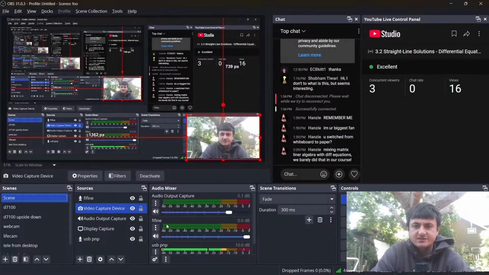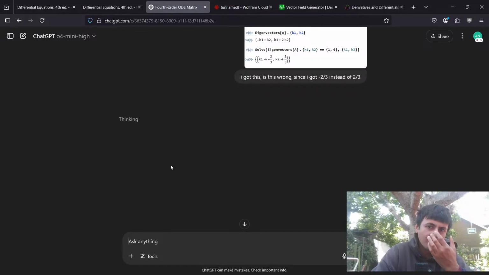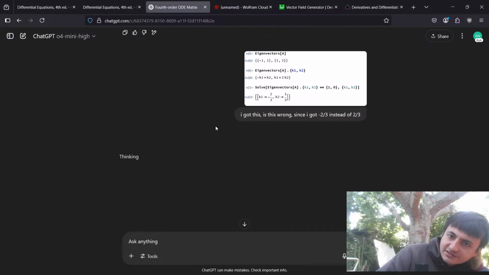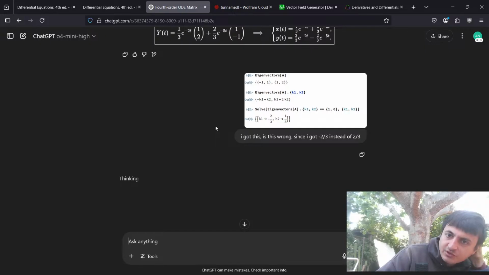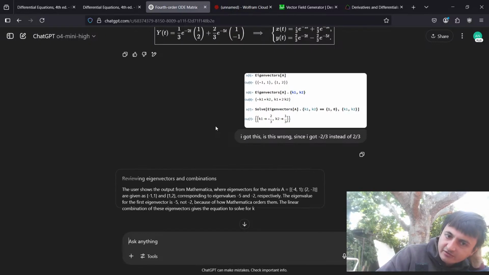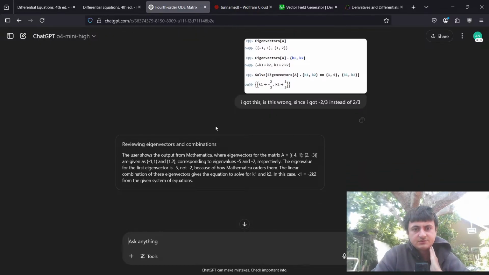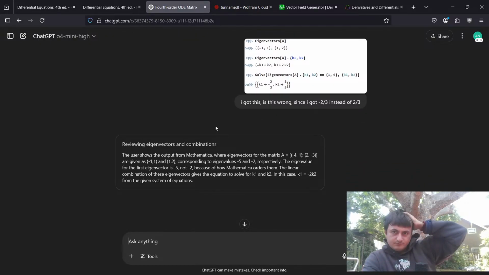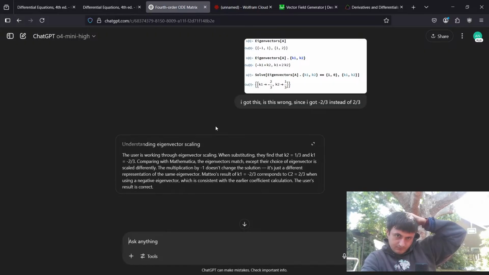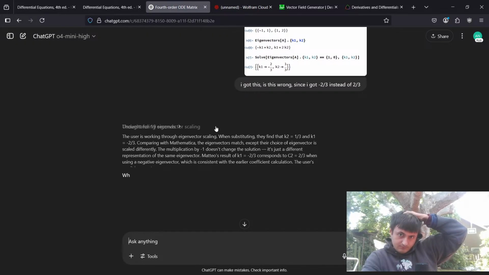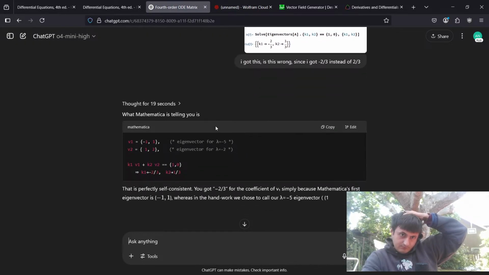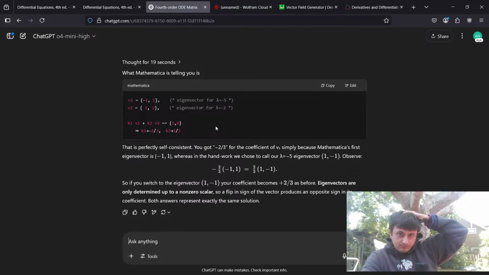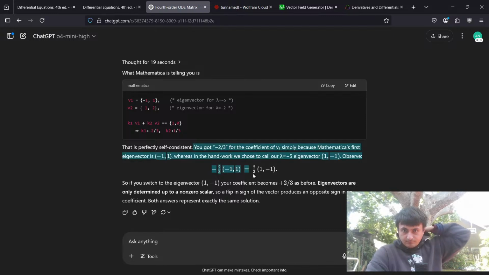I think it is correct. There's no way that this is wrong. Because the thing is, the eigenvectors can be scaled and they're still eigenvectors. So what I'm guessing is that... Yeah, that's what I thought.